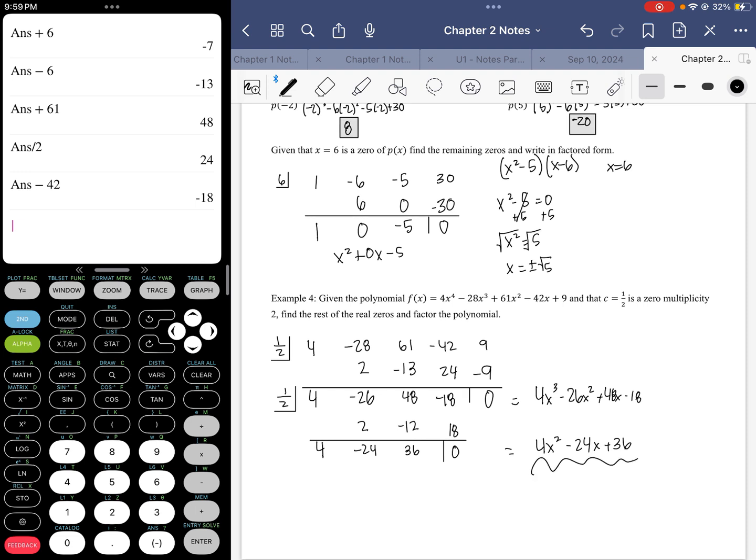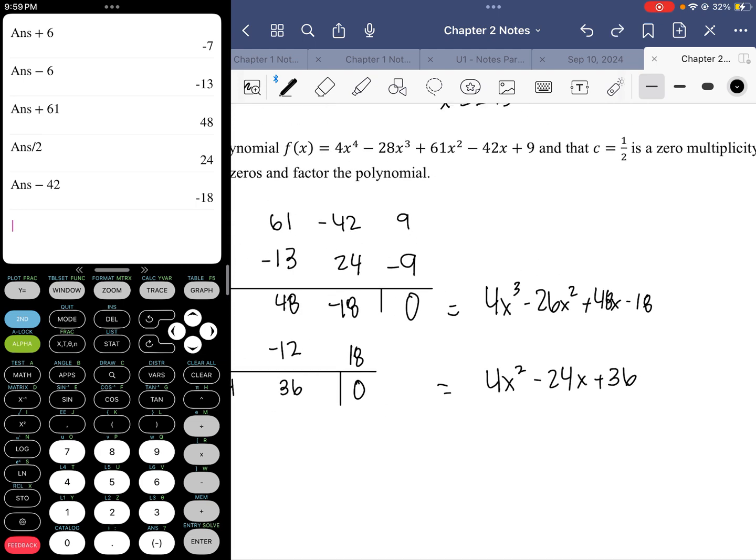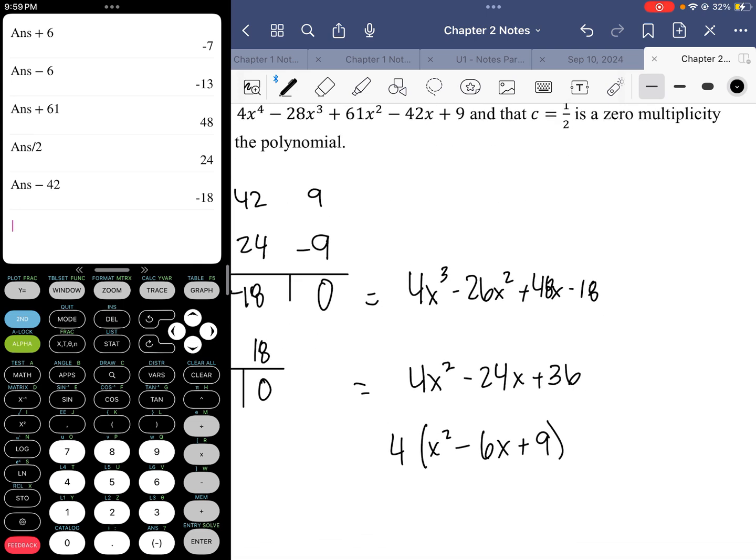This is far more workable than a to the fourth or to the third polynomial is. In fact, this one has a GCF of 4. Keep in mind, we did already know that we have x minus 1/2 as well as x minus 1/2 as factors also.